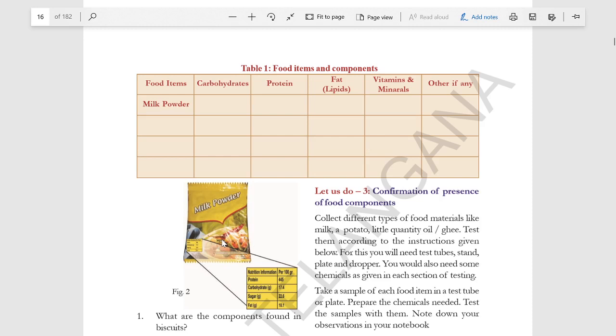Most carbohydrates occur naturally in plant-based food such as grains. Food manufacturers also add carbohydrates to processed food in the form of starch or added sugars.